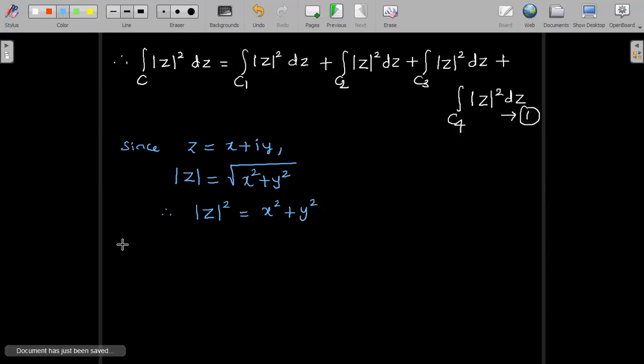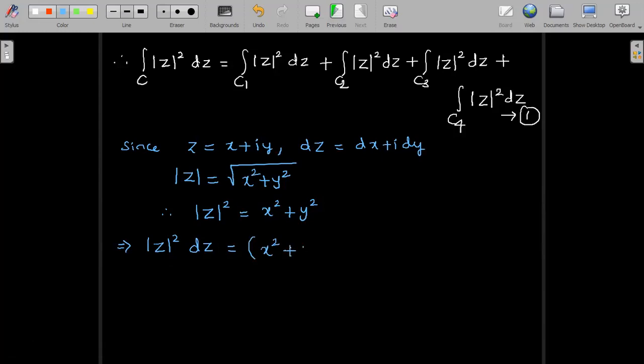Now what we have is mod z whole square dz. Since z is x plus iy, we can write down dz also from this, which is dx plus i into dy, Cartesian representation throughout. So mod z whole square dz product will be equal to x square plus y square multiplied by dx plus i dy.